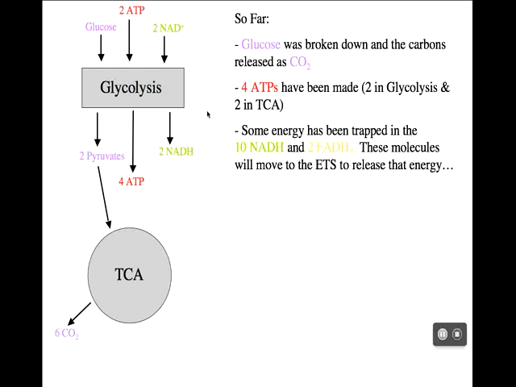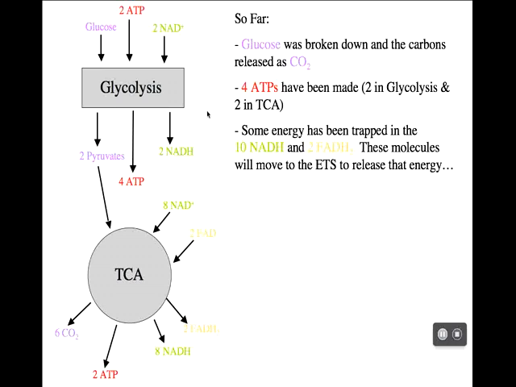Carbon dioxide, of course, is then exhaled and leaves the cell. There's very little energy in carbon dioxide. It's generally released. The tricarboxylic acid cycle also made 2 ATP during that process per glucose. You had 8 NADs coming in and being released as NADHs. You also had 2 FADs going in and being released as FADH2.